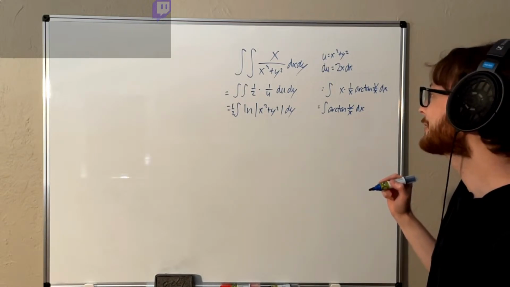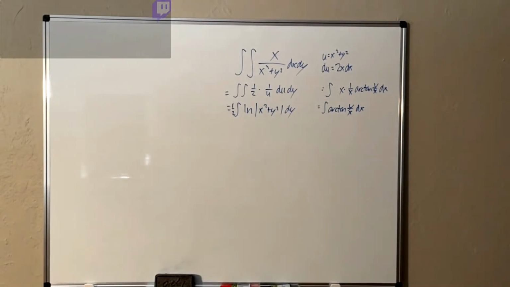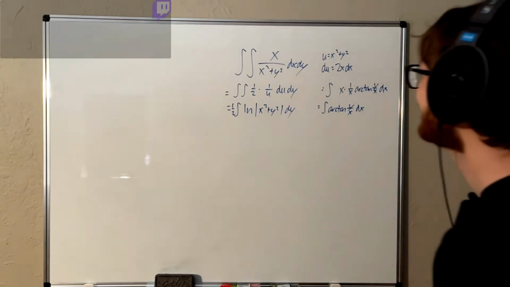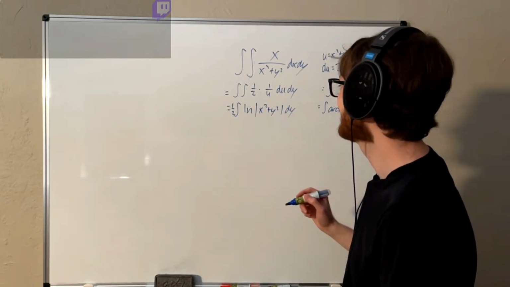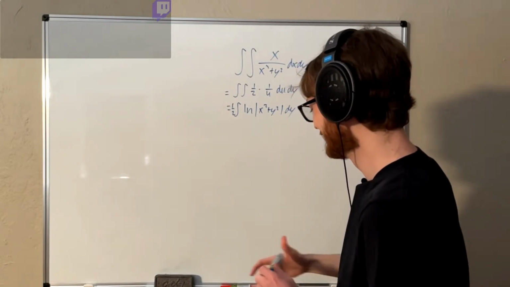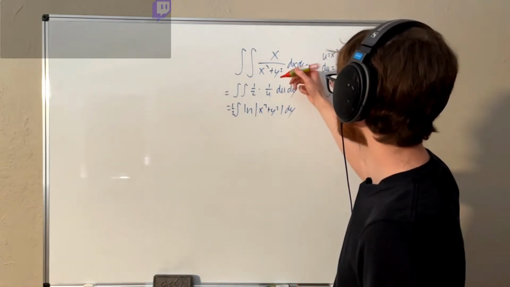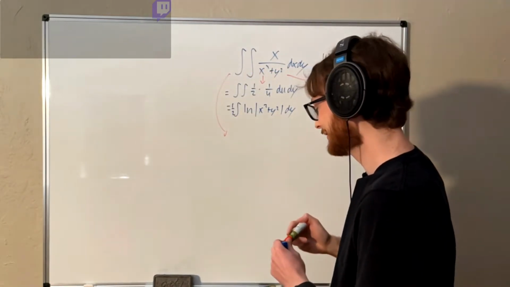Maybe you do need polar, because I don't know how you integrate that either. Okay, well, let's see what it's like in polar. So attempt number 1, attempt number 2, attempt number 3.